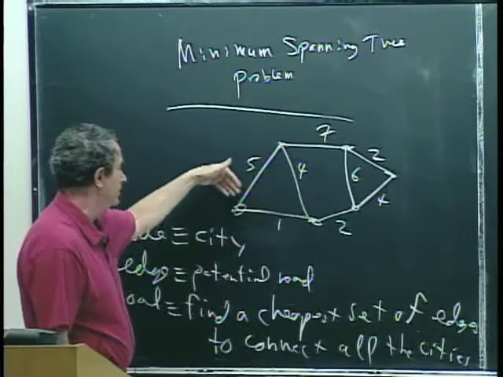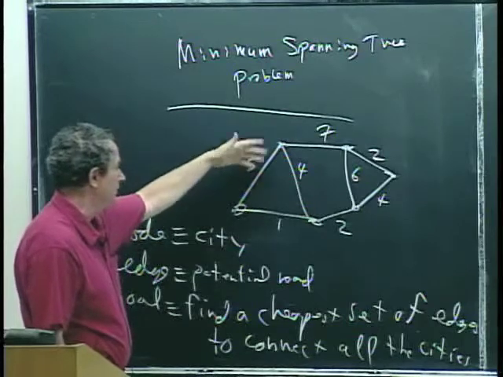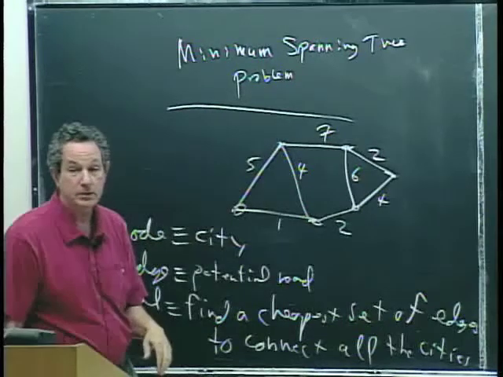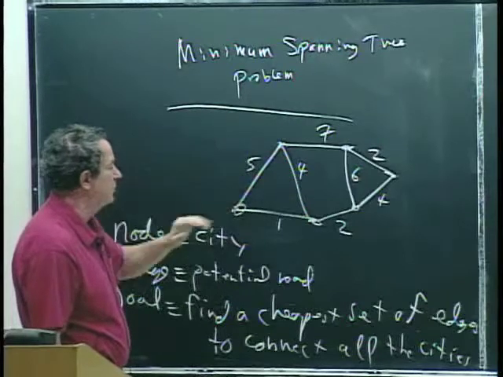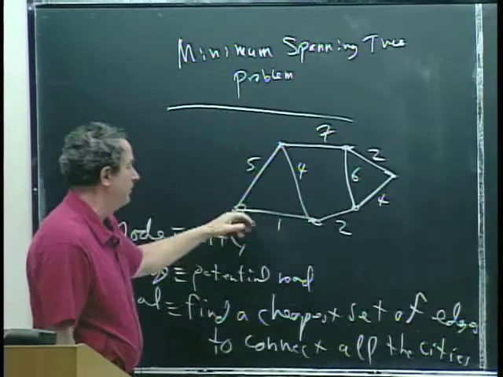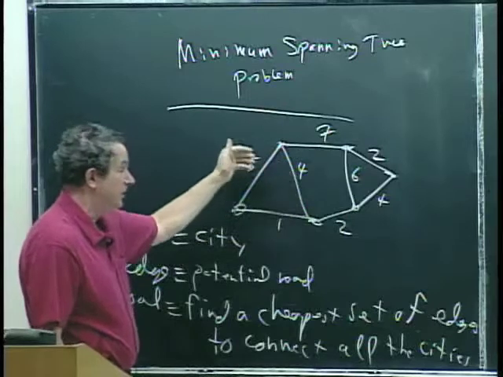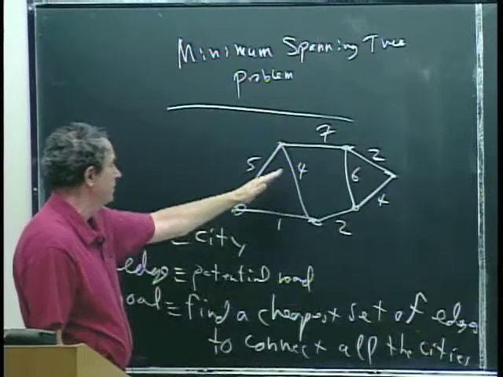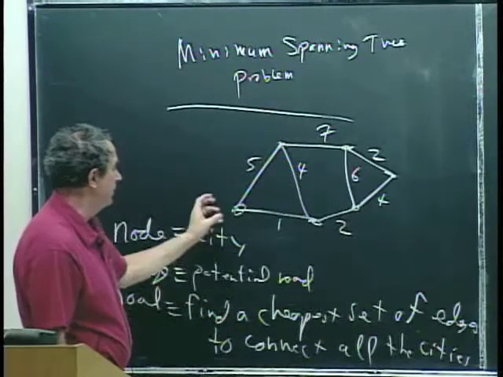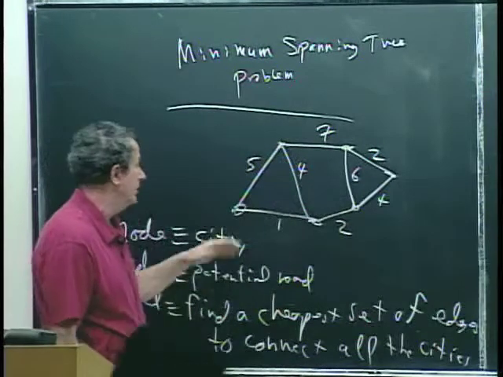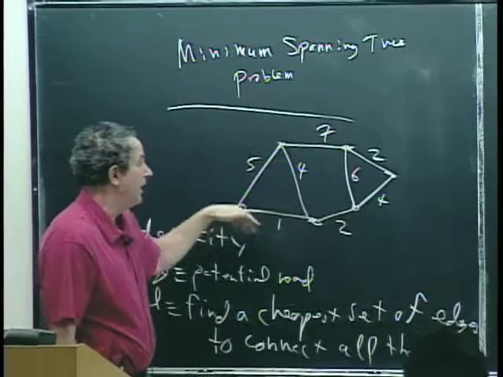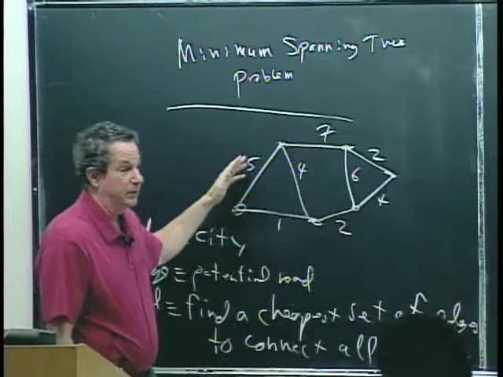And again, each weight given is a cost, and so on. There's lots of little interpretations. But generally, you have a graph with nodes and edges. You have non-negative weights on each of the edges. And you want to find a subset of edges of minimum total cost to connect together all of the nodes.